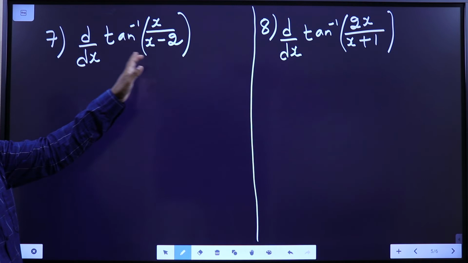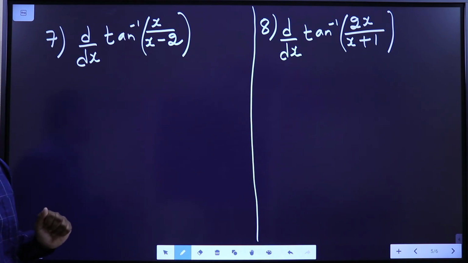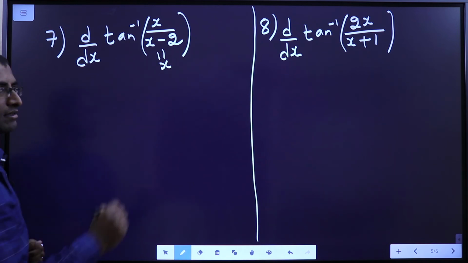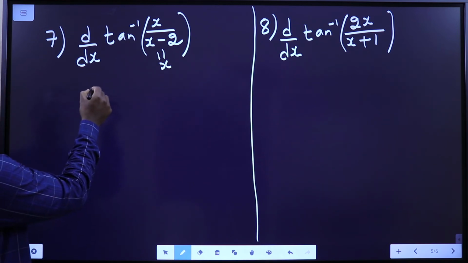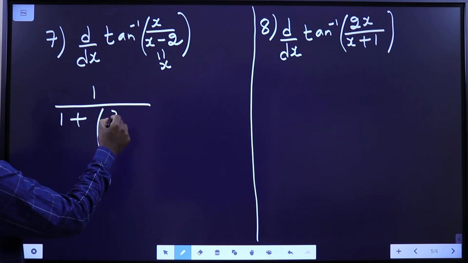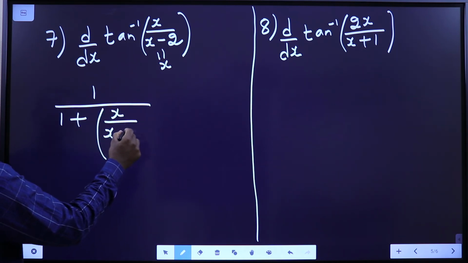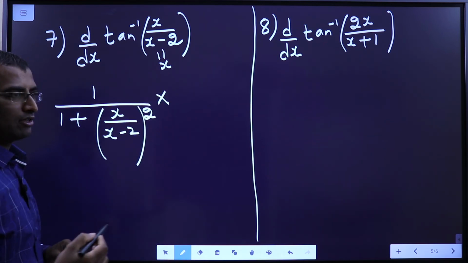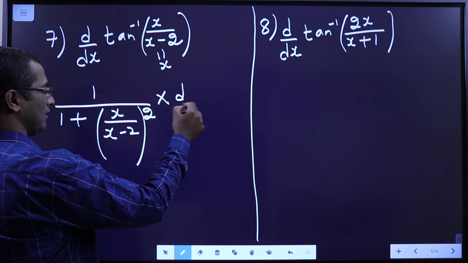If I want to differentiate this one, same thing, this entire bracket you need to assume it to be x. So now tan inverse x gives 1 by 1 plus x square. In place of x, whatever you have, write it, and multiply by that derivative.